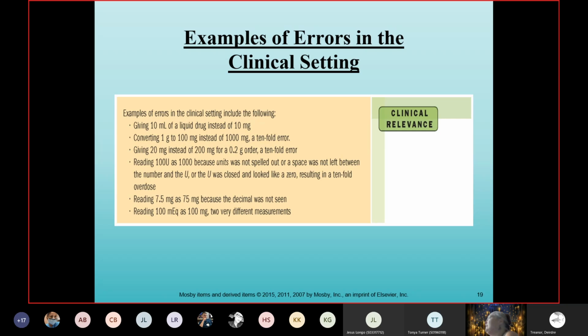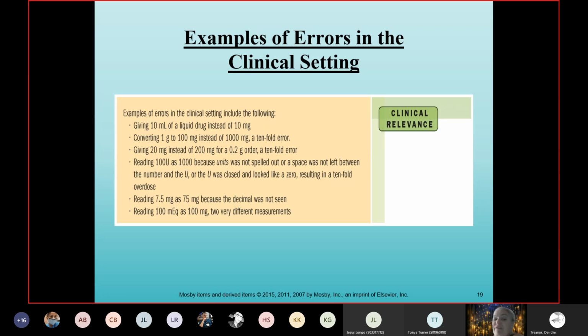So some errors in the clinical setting. Giving 10 milliliters of a liquid instead of 10 milligrams. Converting 1 gram to 100 milligrams instead of 1,000. That's a 10-fold error, guys. Giving 20 milligrams instead of 200 milligrams for a 0.2 gram order.